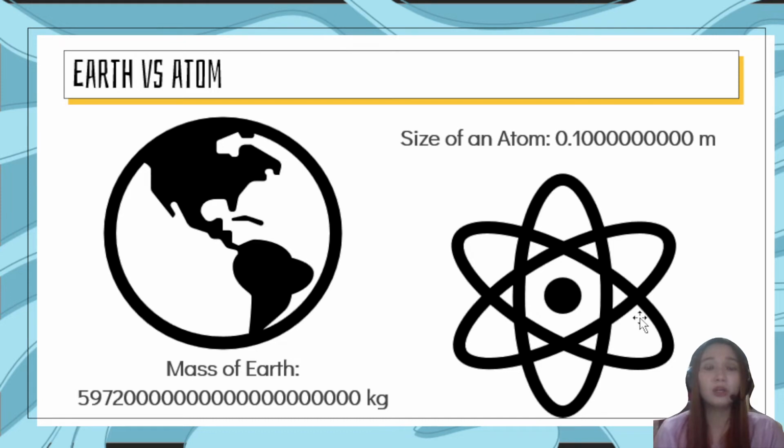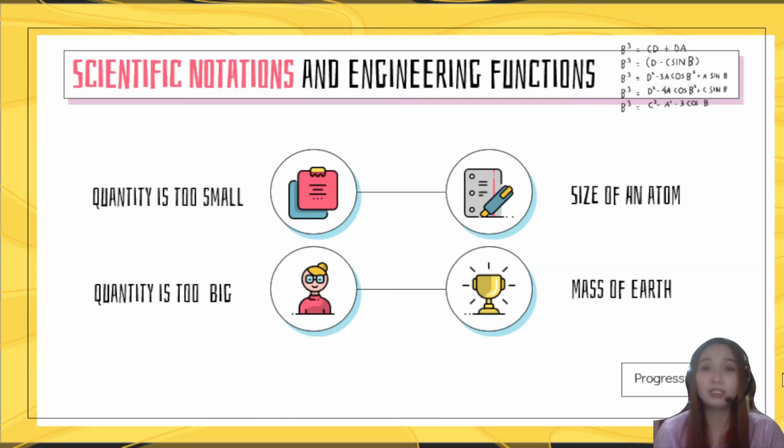Okay? So, para mas mapadali yung expression natin of these quantities, we use scientific notations and engineering functions. Okay? So, scientific notations is used if our quantity is too small, just like the size of an atom, and then if our quantity is too big, mass of an Earth.